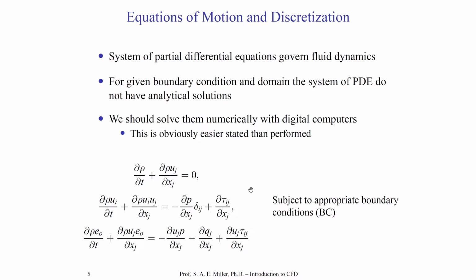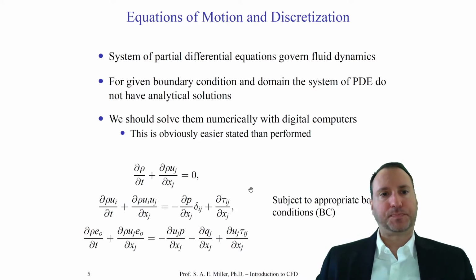And of course, these are subject to particular boundary conditions. Boundary conditions are where we're setting the value of the field variables, that is densities, velocities, pressures, temperatures, or other quantities of interest, on the boundaries of the domain. Remember, initial conditions are what these field variables are within the domain.